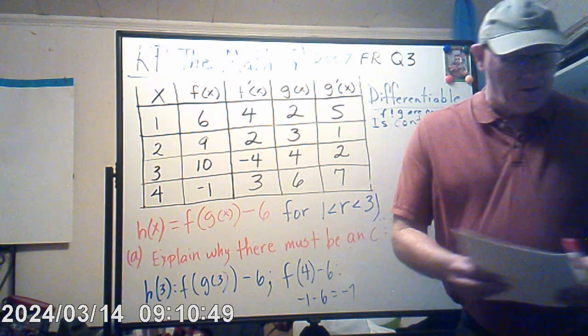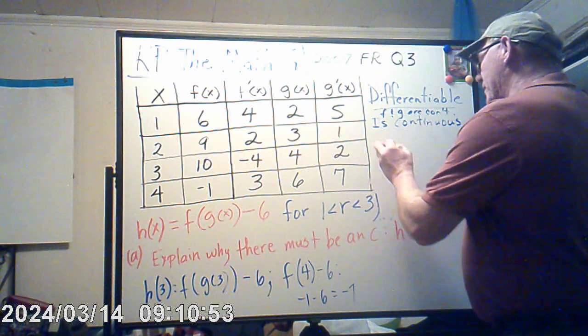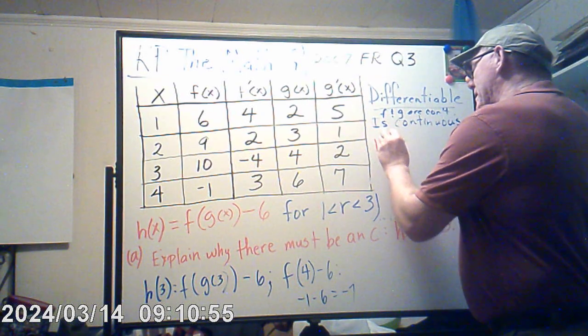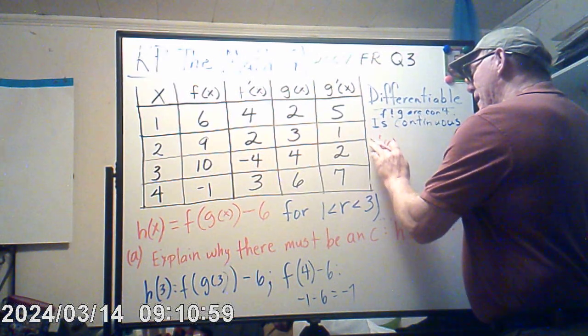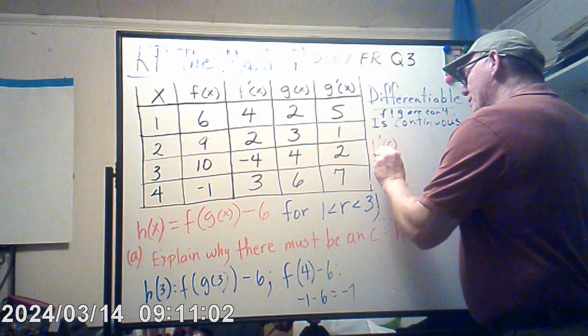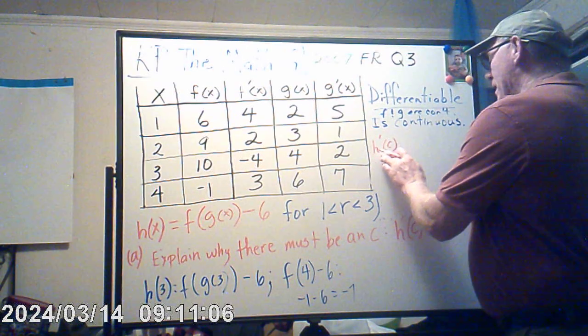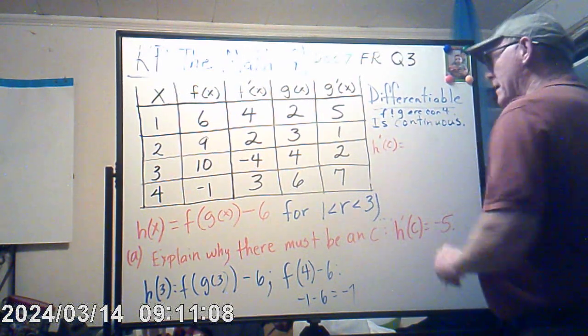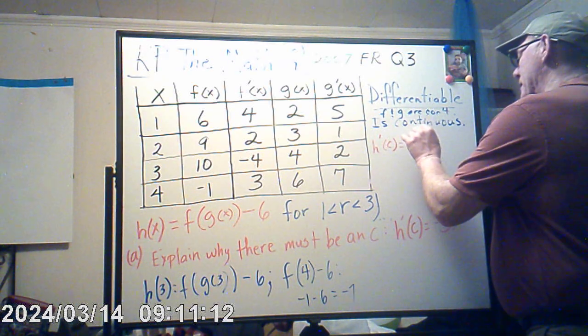What does the mean value theorem say? It says that this h prime at c, the slope of the tangent line, which equals -5 by the way, is what we're hoping equals the slope of the secant line.